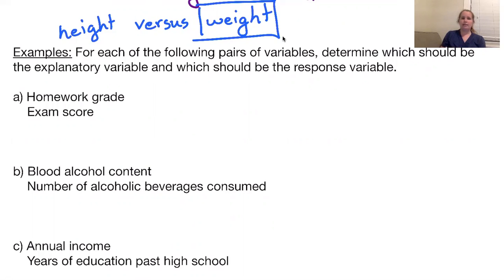So in this case, it makes sense that if someone does well on their homework, someone is doing their homework, that it will result in them also doing better on their exams. It's not necessarily that their homework grade causes their good exam score, but it makes sense that whether or not they do their homework will have an influence on how well they do on the exam.